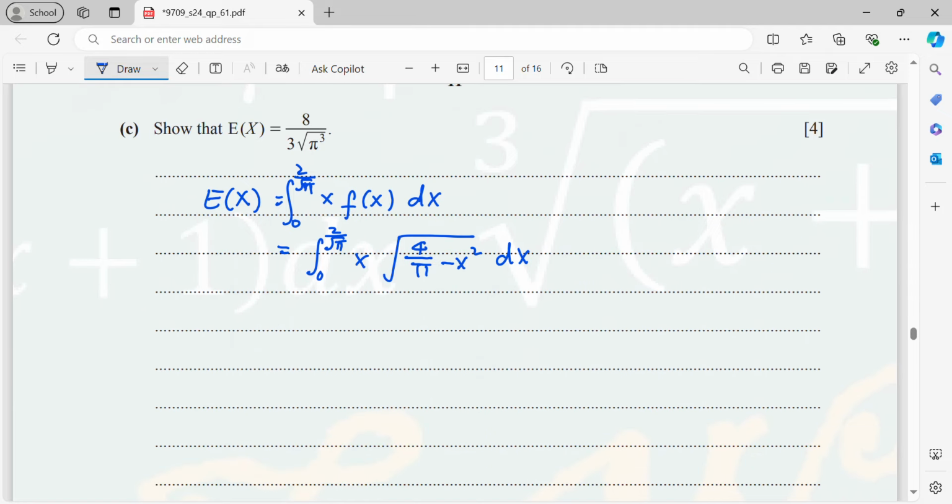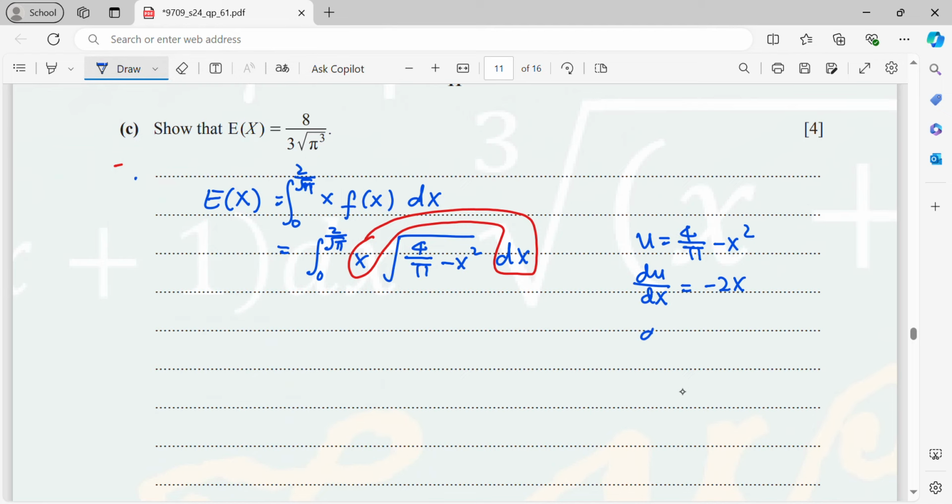Okay, so when you need to integrate this, we need to use the substitution method. Let u equals 4 over pi minus x squared. Then du over dx, first term becomes 0, second term is minus 2x. And then now here, I can combine this x with the dx. So now du equals minus 2x dx. So x dx is negative half du.